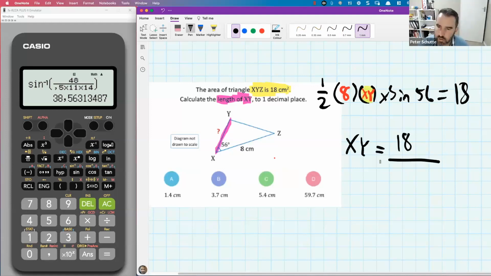So what if I want to get it on its own? I need to get the 1/2 and the 8 and the sine of 56.